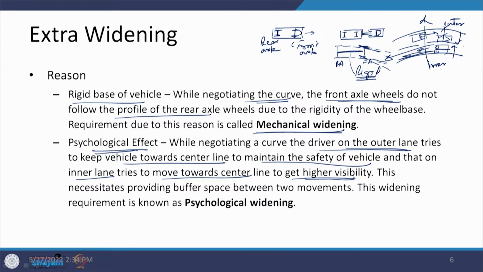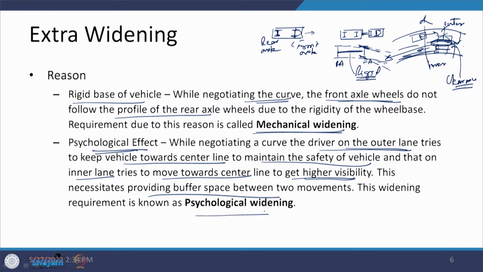And if both of the vehicles come very near to this, then there is a problem of clearance here, and if this clearance between the two vehicles reduces a lot, then this may culminate into a hazardous situation. So, this is what we are trying to talk about here, and if this particular space is to be maintained, then whatever width is required for that particular reason is defined as psychological widening.